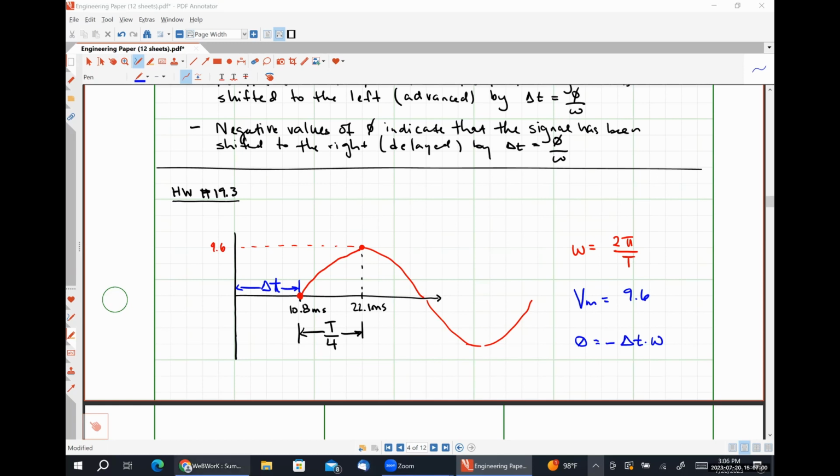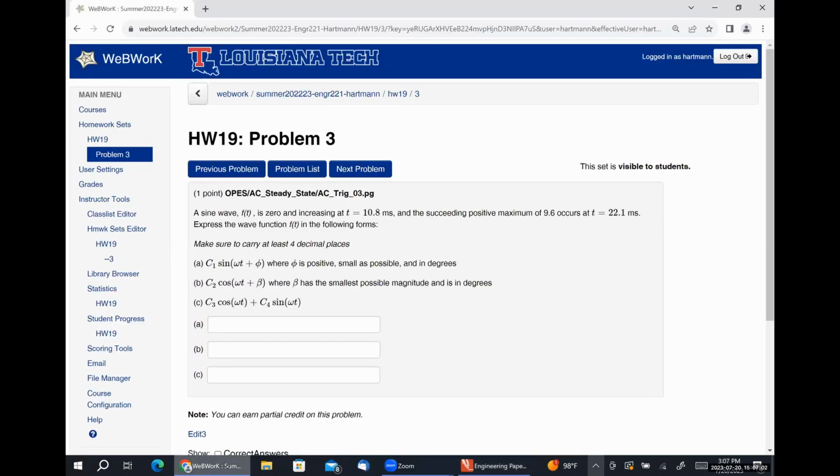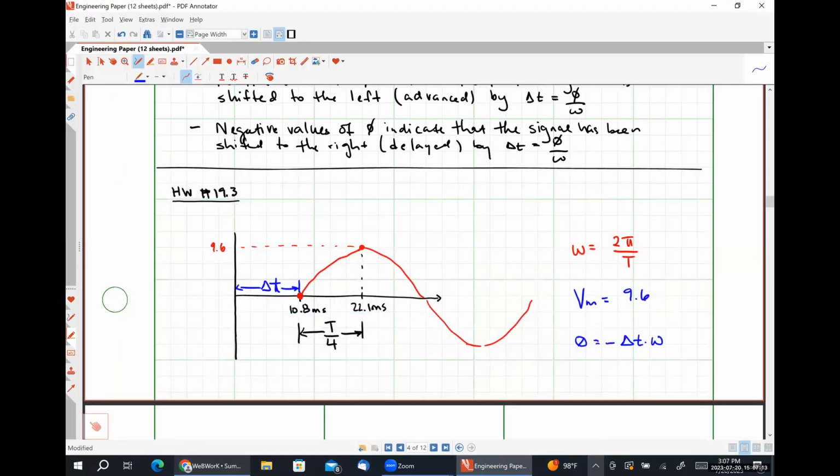Now, one other thing that I want to look at here really quickly, we're told that we want our phase angle to be positive, but as small as possible and in degrees. So to convert it into degrees, we would multiply by a factor of 180 degrees over pi.